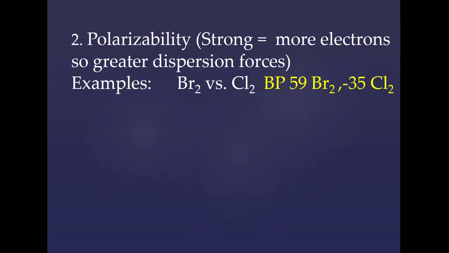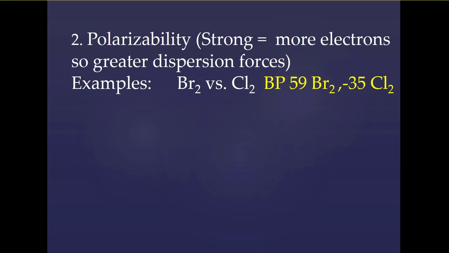All right, the second concept is called polarizability. What this means is that in dispersion forces, if there's a lot of electrons involved, then it's going to make stronger temporarily polar molecules. So remember, dispersion forces are between all molecules, but what it means is that the electron clouds shift around.